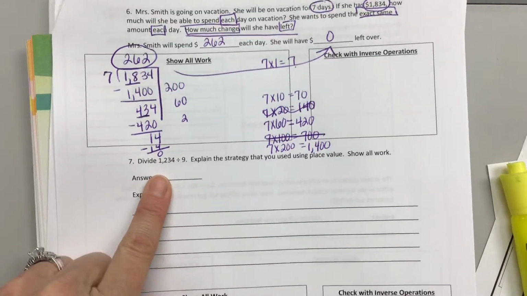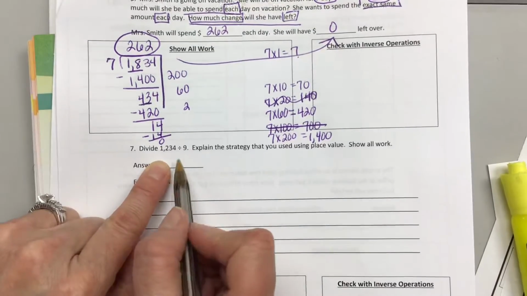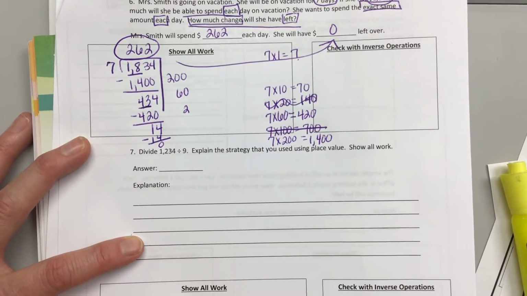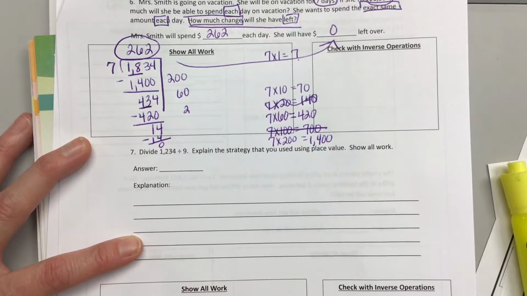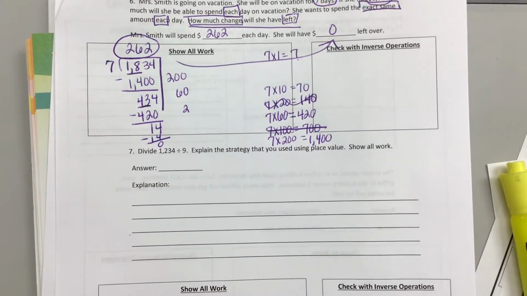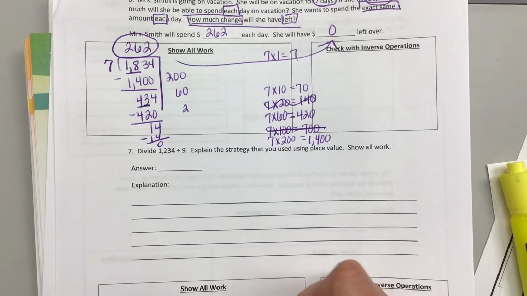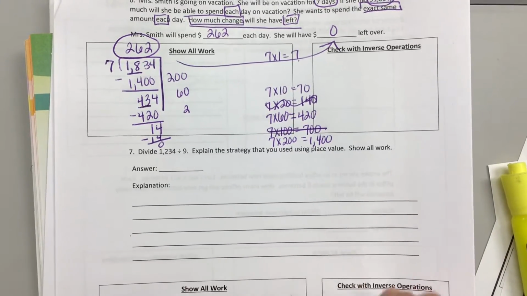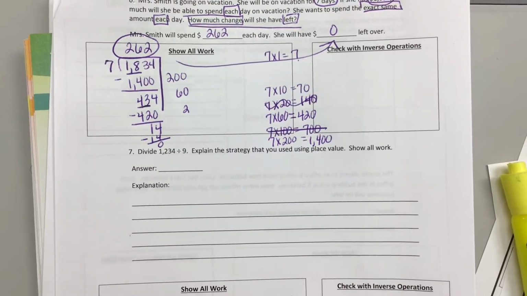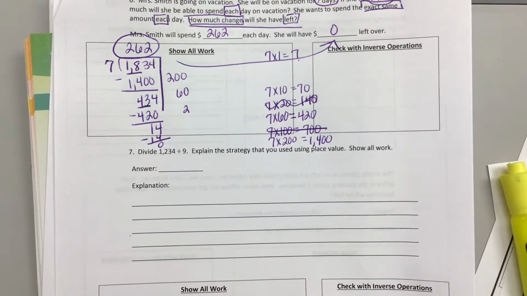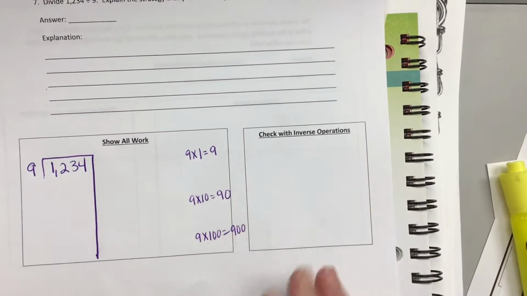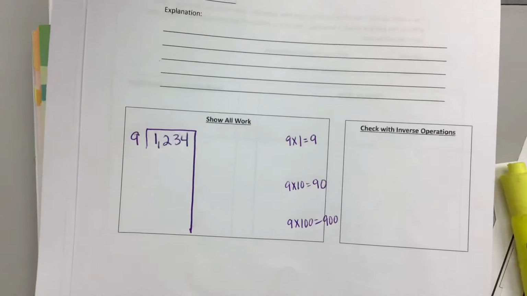Work on E20. Okay, here we have 1,234 divided by 9. I'm now on number 7, so you should have this numbered as number 7. Over here to the right, 9 times 1 is 9. 9 times 10 is 90. 9 times 100 is 900. I know that 9 times 1,000 is 9,000.